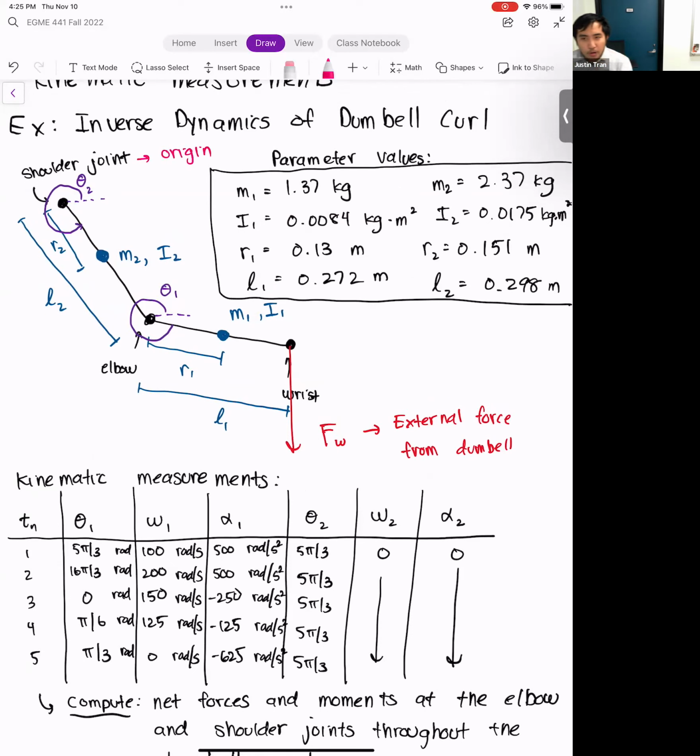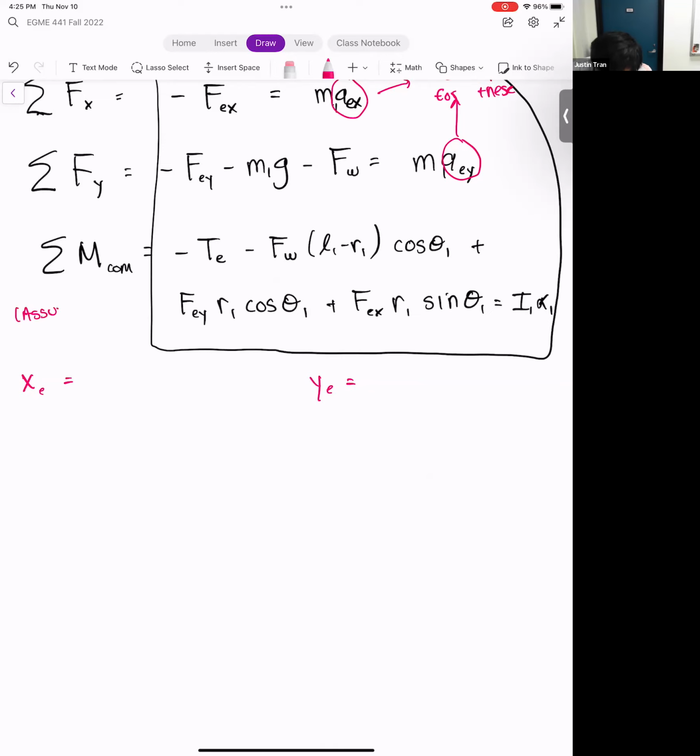Okay. And so all distances and all locations for the lower arm and the upper arm are going to be measured relative to the shoulder joint. Okay. And so this X and Y here, I should say, are relative to the location of the shoulder joint.